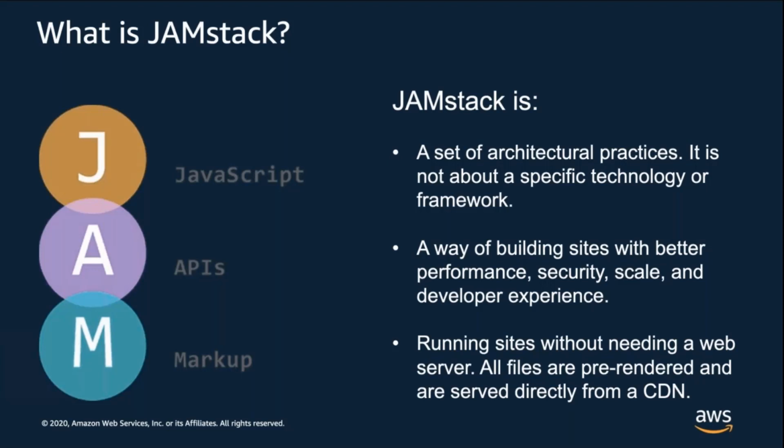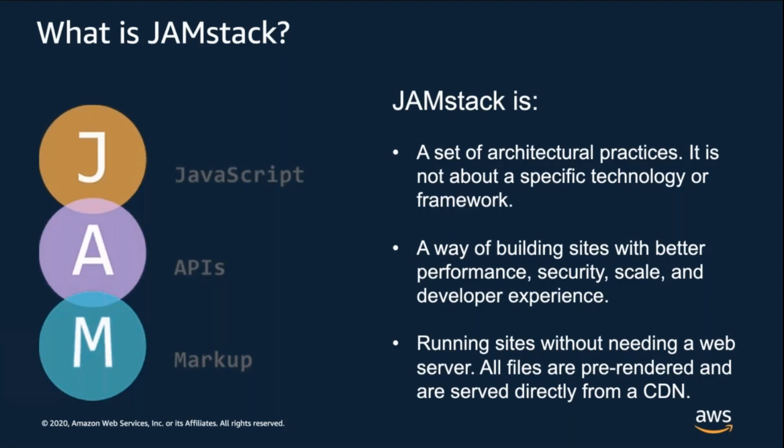And HTML in JAMStack is delivered via a slightly different model than maybe most developers are used to. It's not delivered from a traditional web server that builds the page at runtime. Think PHP, Flask, Django, those types of frameworks. JAMStack instead takes the approach of pre-building or pre-rendering all of the HTML up front before you deploy the site, so that it can be served directly from a content delivery network or CDN.